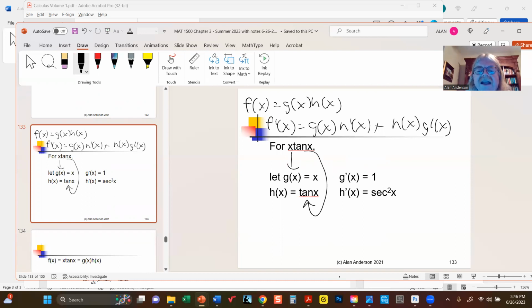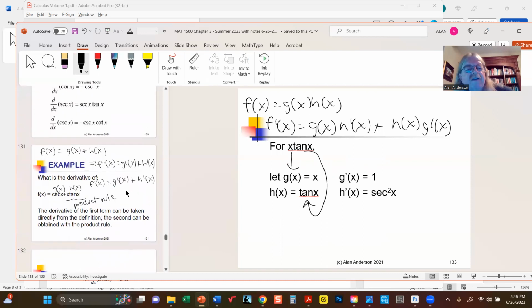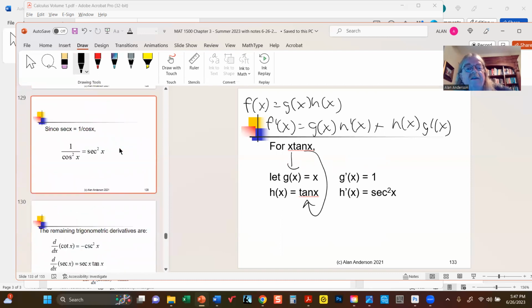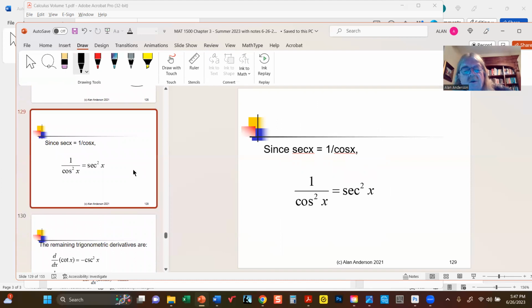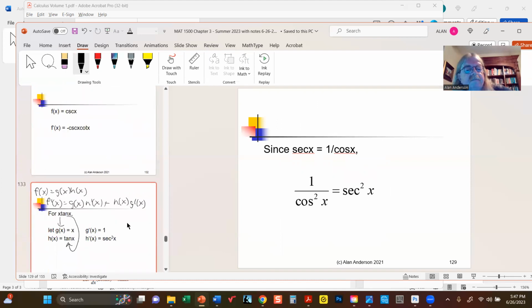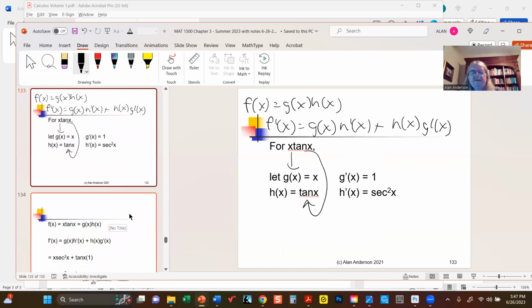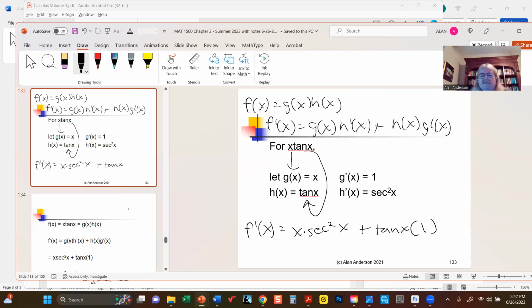The derivative of x is 1 from the product rule. And as we saw in our chart, the derivative of tangent x is, in fact, this is the one we proved, the secant squared of x. So that means that just for this x tangent x, we have x secant squared x plus tangent x times 1.